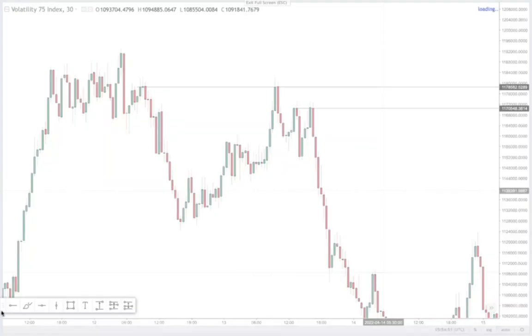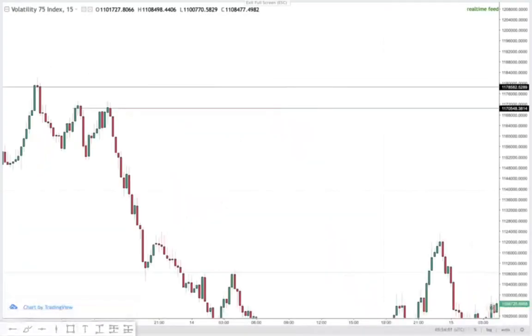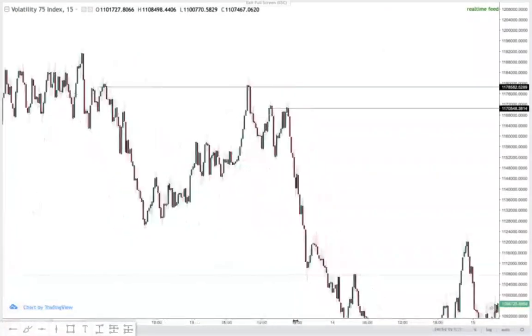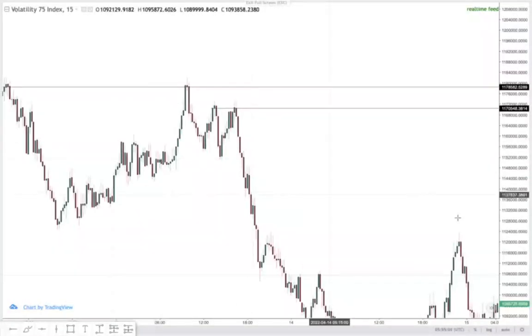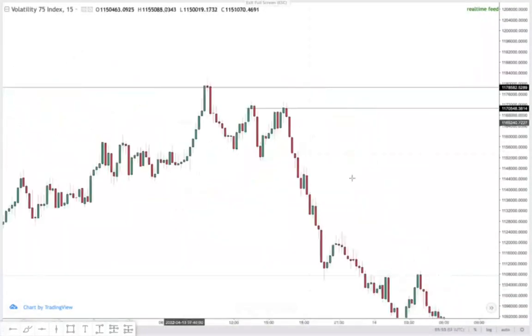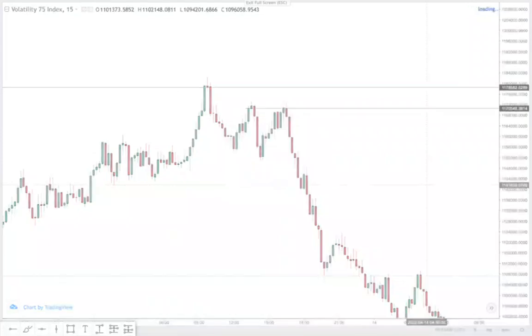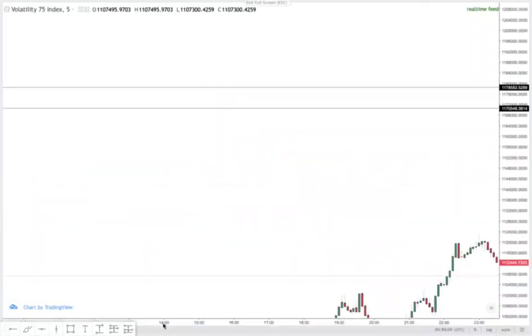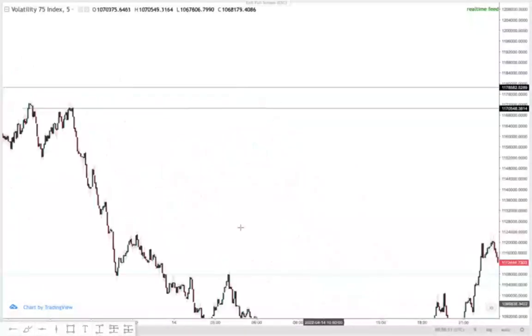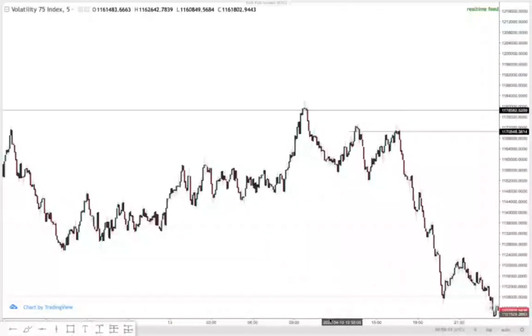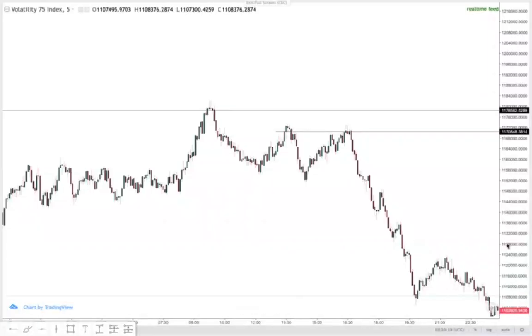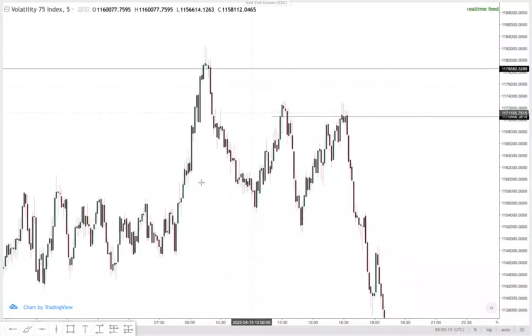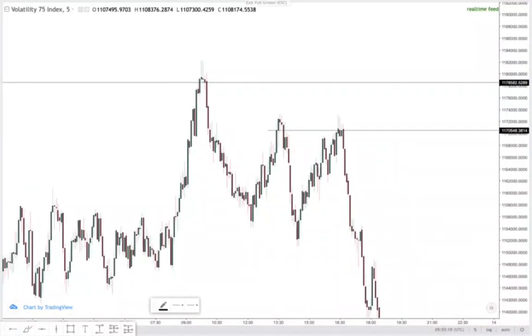So we'll drop to the 15 minutes. In the 15 minutes, you don't see any structure. We'll drop again to the 5 minutes. In the 5 minutes time frame, we had a new invalidation right here.